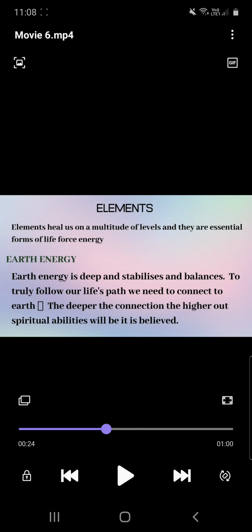If we're looking at elements, they are on a multitude of levels, and they are essential forms of life force energy, which of course they are. Earth energy is deep. It's a very, very deep, stabilizing and balancing energy. And it's said that to truly follow one's life's path, we need to connect to the earth, and this connection needs to be done on a deep, deep level.